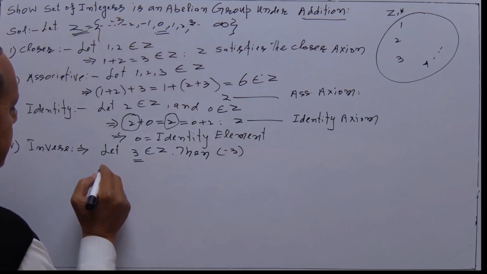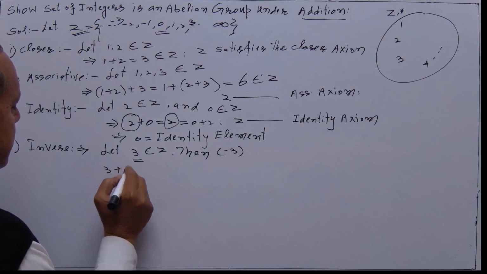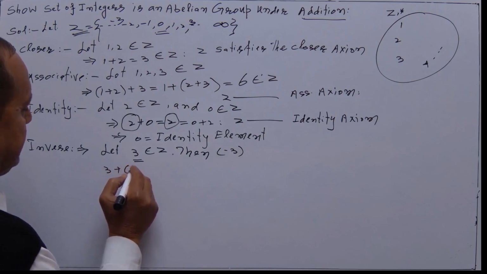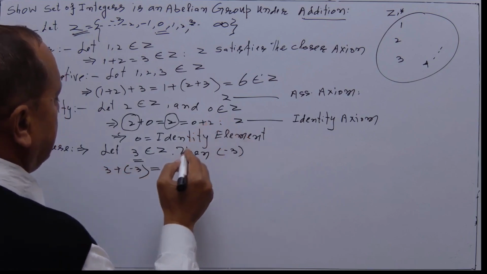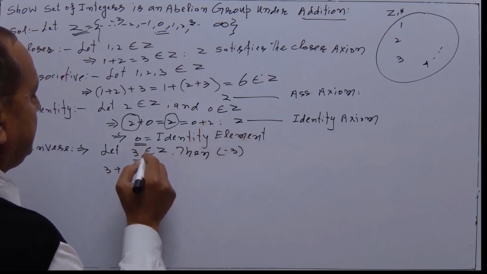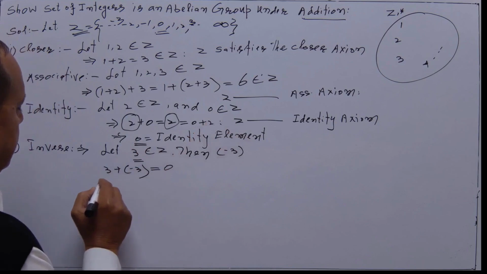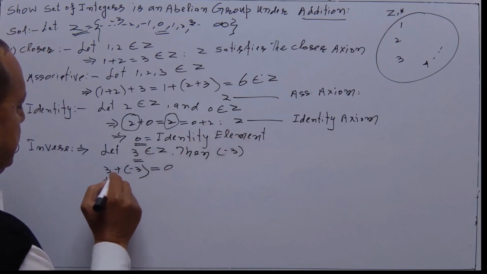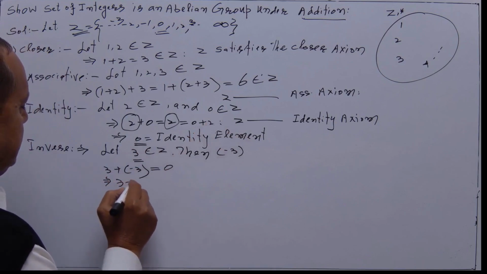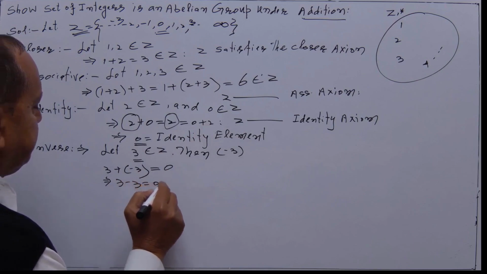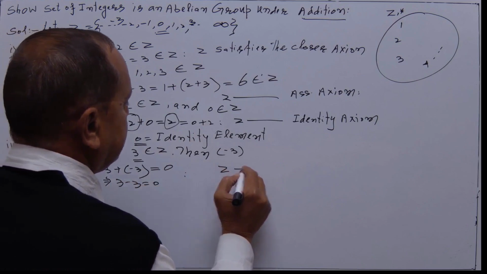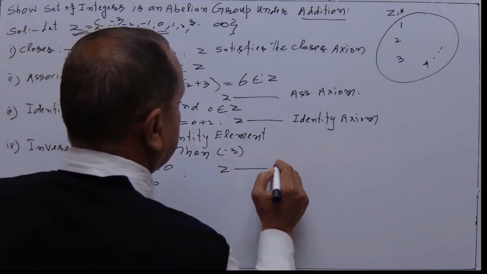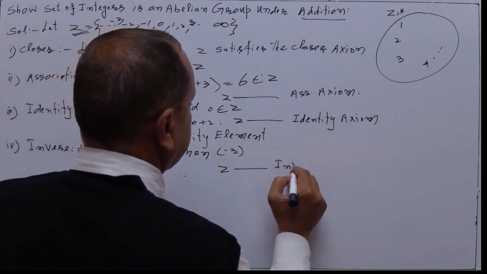Then 3 plus its additive inverse minus 3 should be equal to the identity element, means 0. So this implies 3 minus 3 is equal to 0. So thus Z satisfies the inverse axiom also.